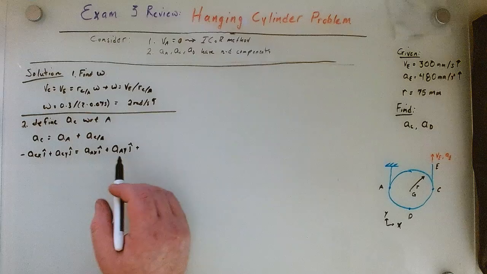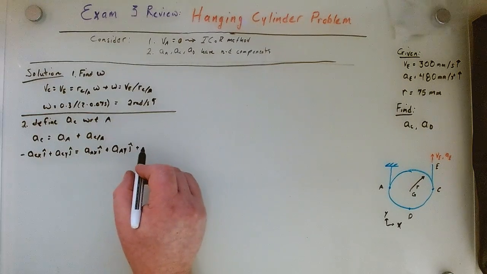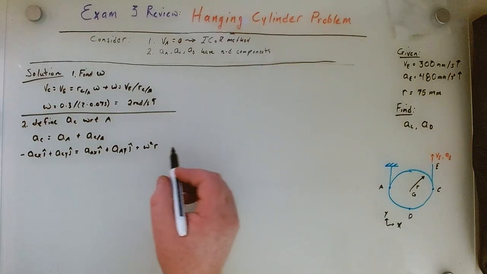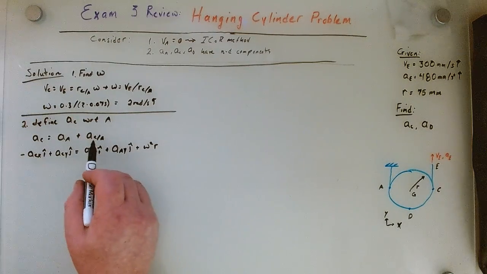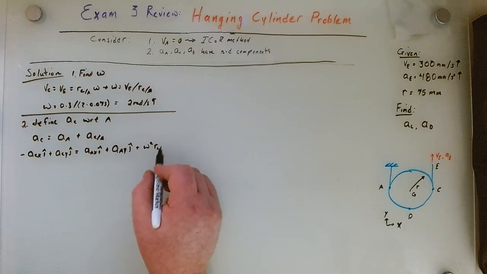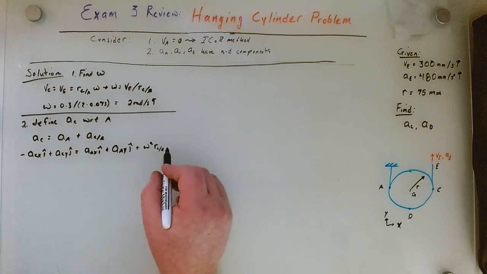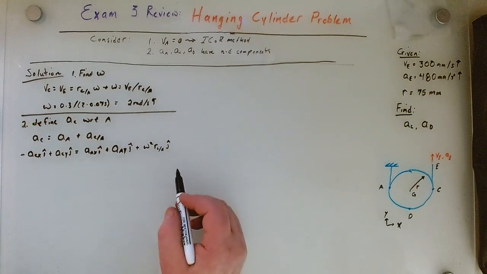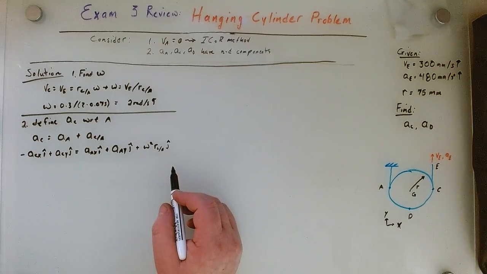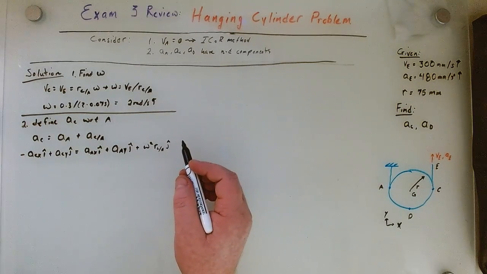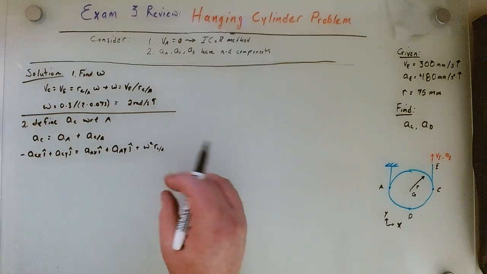If it's the normal, then it is omega squared r, where this is r of C with respect to A, and the normal is in the j direction. Is that right? Yeah. Right. No, that's in the i direction. Sorry.